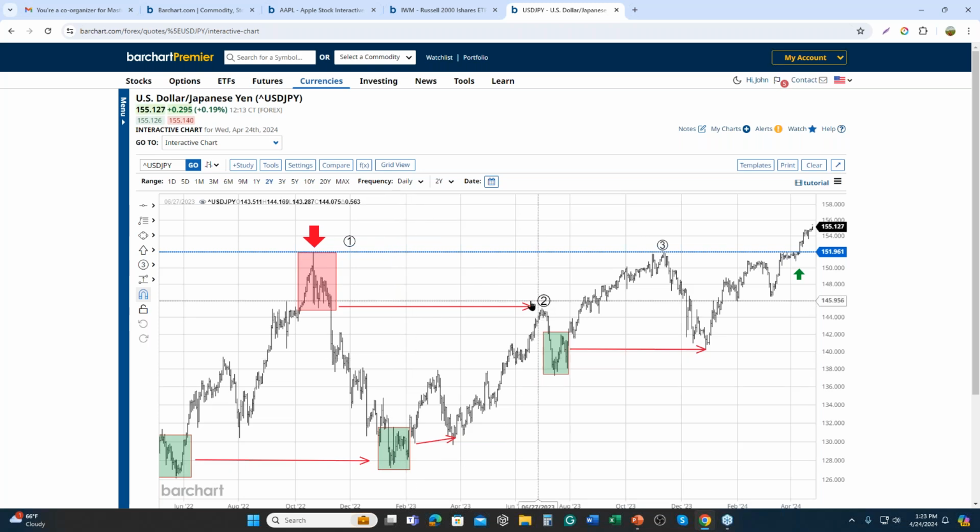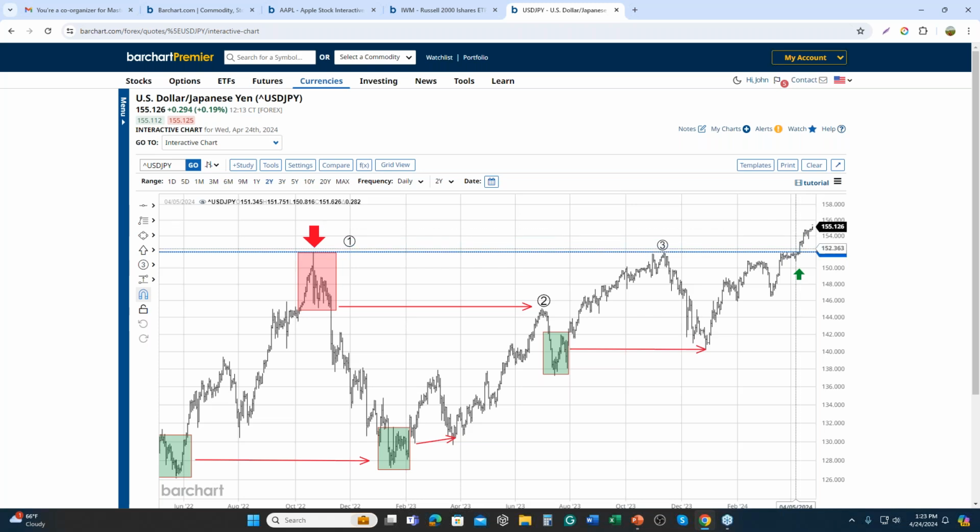But then we got a second touch of this previous resistance zone and a little bit of a muted reaction, and then a deeper penetration into our zone. Again, the zone still held, but we got deeper into it. And then I got a little bit of a reaction out of it. And now what we see is that price has broken through this level of resistance.